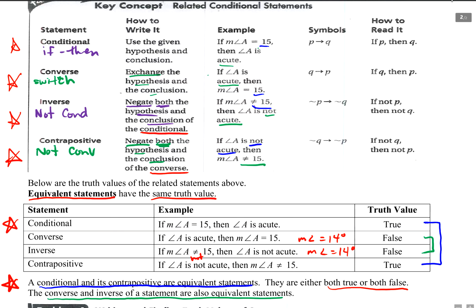This is just not. Shows you how to write these. They're easy to compare. I would keep these notes, even when we move on out of chapter 2. This section right here would probably be a good one to keep handy so that you can have good examples of the different forms of conditionals and converses and inverses and contrapositives.